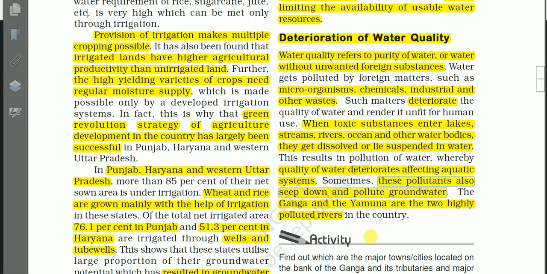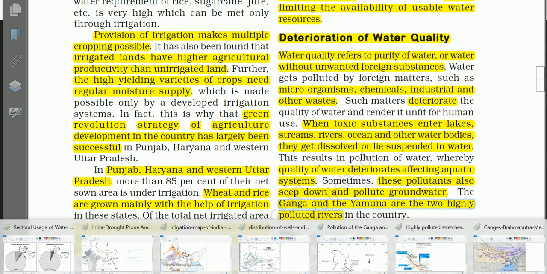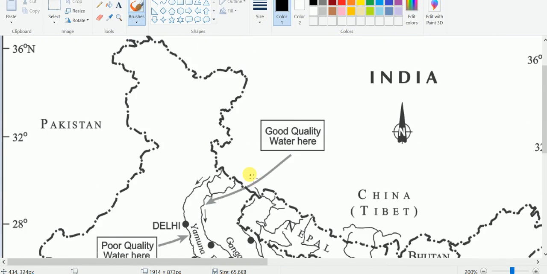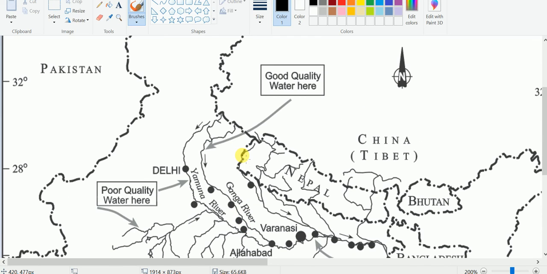And in India, the Ganga and the Yamuna are the two highly polluted rivers in the country, mainly polluted by toxic substances released from the industries, which we call industrial effluents, and grey water from the domestic households. Here we have the map taken from your book. Let's see here.